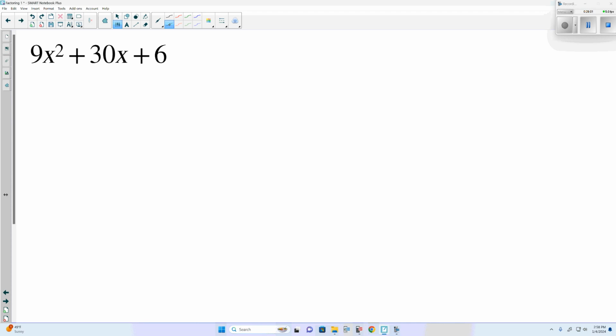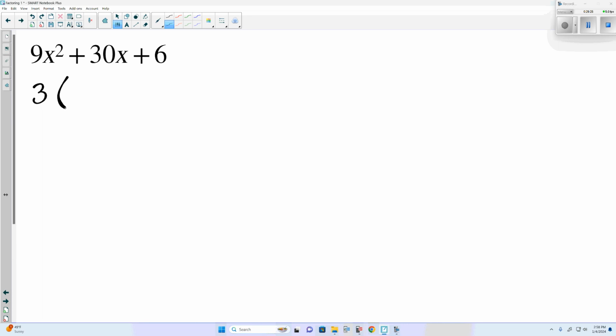Now looking at this problem here, is there a greatest common factor? There is a common factor. Is 9 divisible by 6? No. It is indeed 3. Because there is a number that goes into 9, 30, and 6, and it is indeed 3.